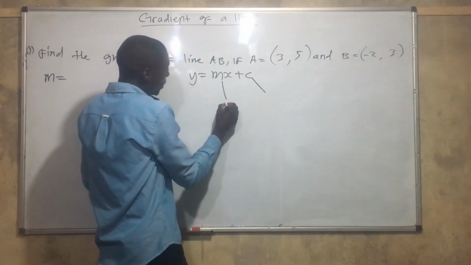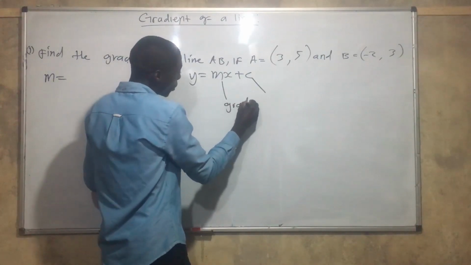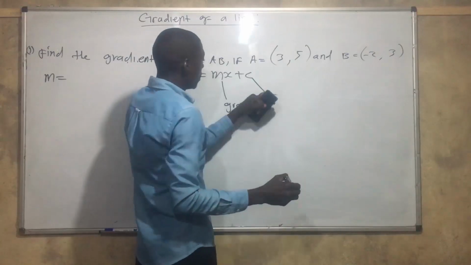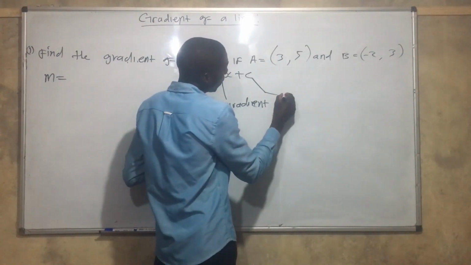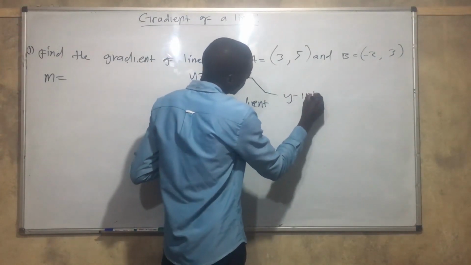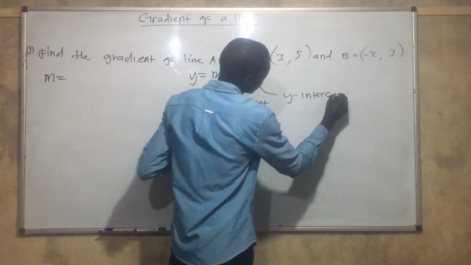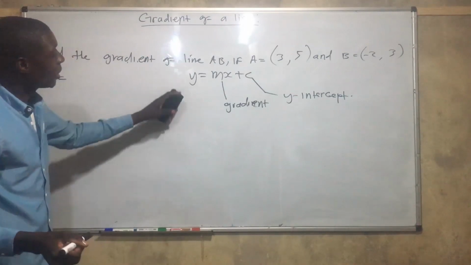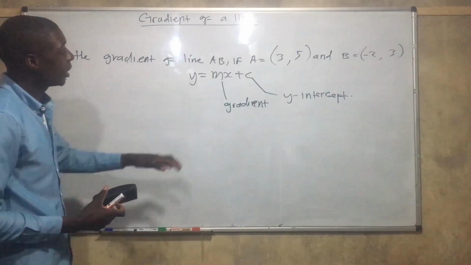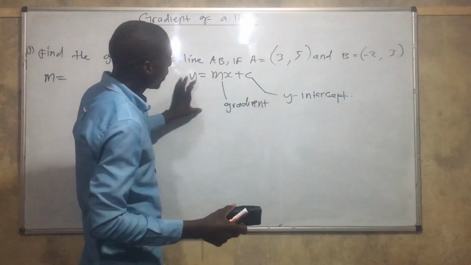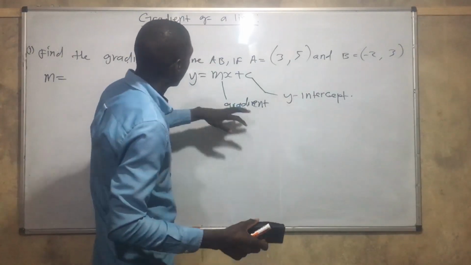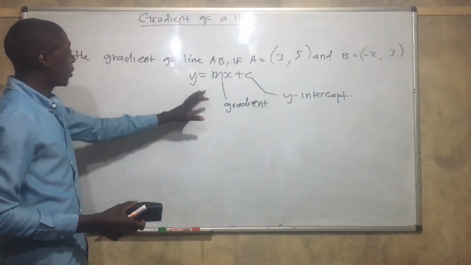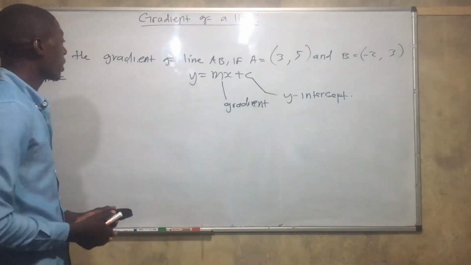This m represents the gradient that we are talking about, and this c represents the y-intercept. So if you are using this formula, it means you have to be given information like the y-intercept or the gradient, then you write the equation like that.